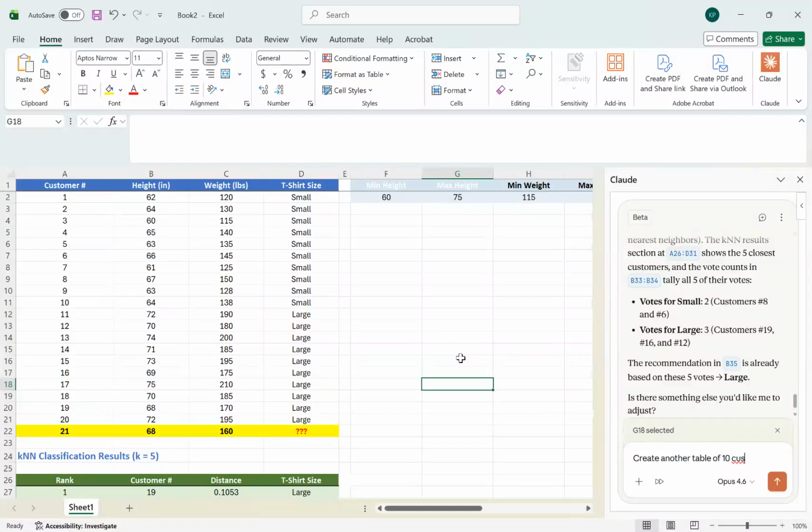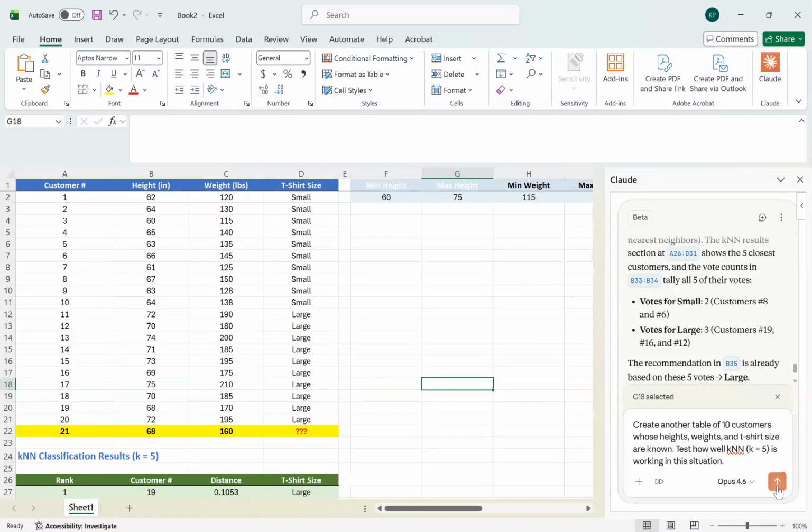Basically, we're testing our method now on these 10 customers whose heights, weights, and t-shirt size are known. Test how well kNN with k equal to 5 is working in this situation. So it'll look at some discrepancies.